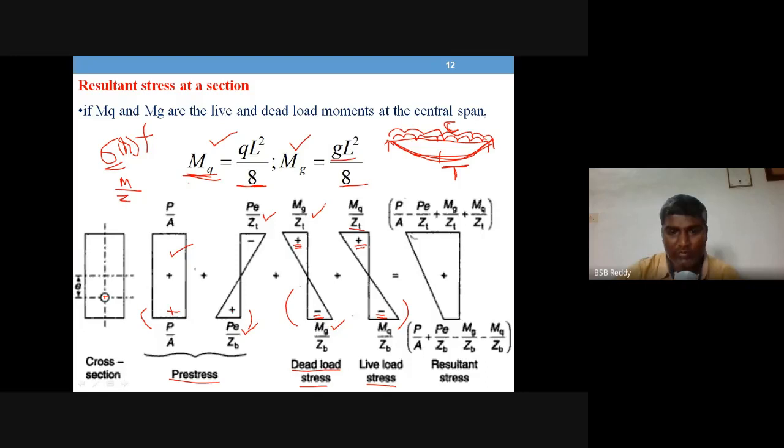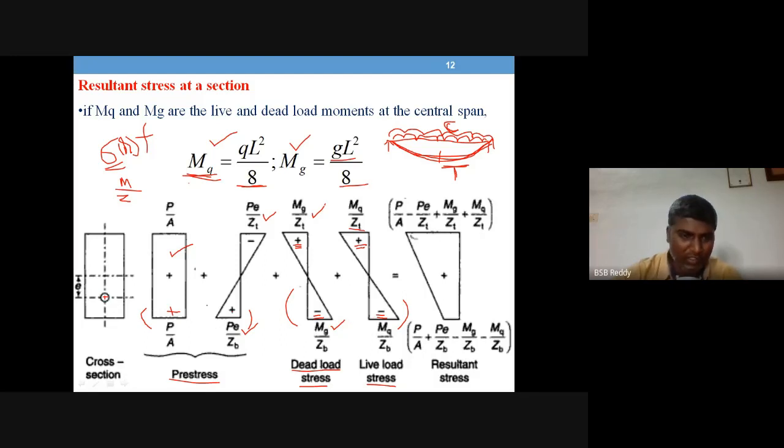So this is what we want exactly, to make the tensile stress either zero, or it has to be completely compression at bottom. Okay, this is what we wanted. So that is the purpose of pre-stressing.